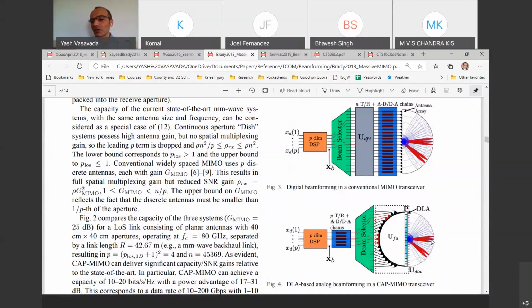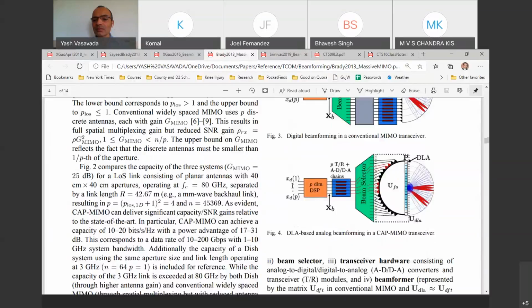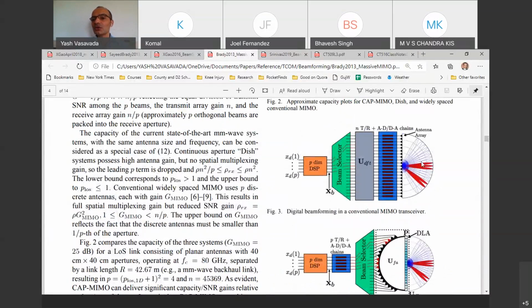In reality, there will not be just one active transmitter. There will be multiple active transmitters. But remember, this is for a massive MIMO scenario. The number of elements, capital N in our notation, is much, much greater than capital K. So suppose N is 256 and K is only 5.